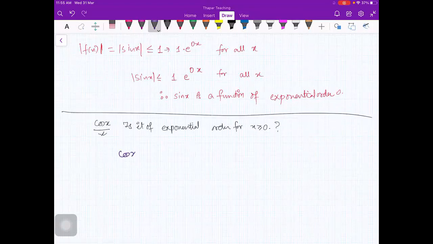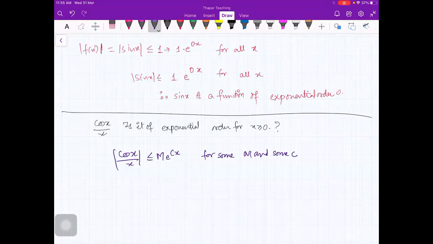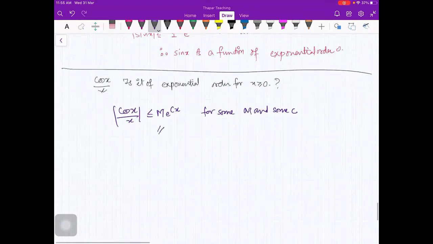We want to show |cos x / x| is less than or equal to M e^(cx) for some M and some c. इसको you can look at like this also. It means that (cos x / x) e^(-cx) should be less than or equal to M, है ना? So we want to show that this function is bounded.